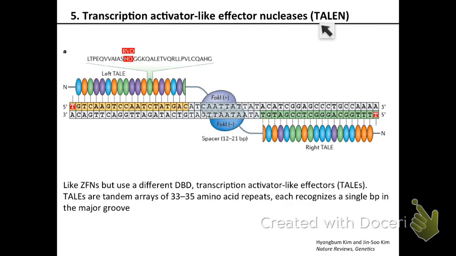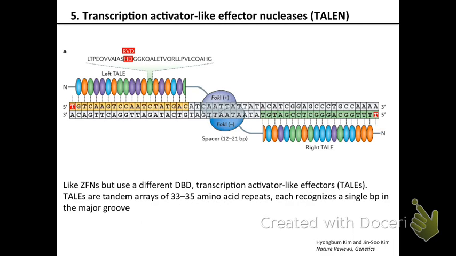So the difference between zinc finger nucleases is that they use a different domain to bind and recognize the DNA, and that occurs at 1 nucleotide at a time. Okay, so the same principle. So each of these domains are actually 33 to 35 amino acid repeats, and each of them recognizes a single base pair in the major groove.